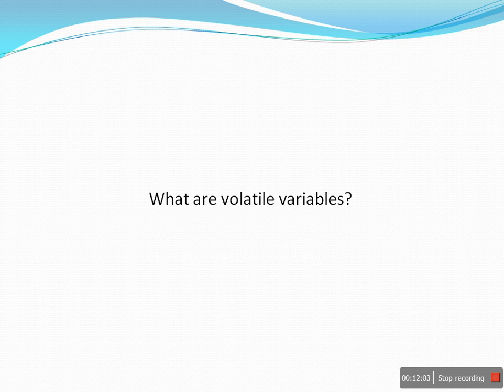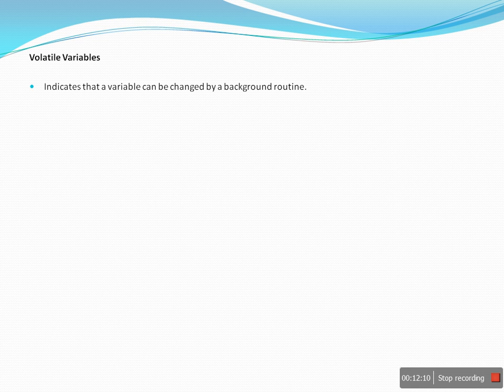Okay. So what are the volatile variables? Volatile means it indicates that a variable can be changed by a background routine. Every reference to the variable will reload the contents from memory rather than take advantage of a situation where a copy can be in a register.